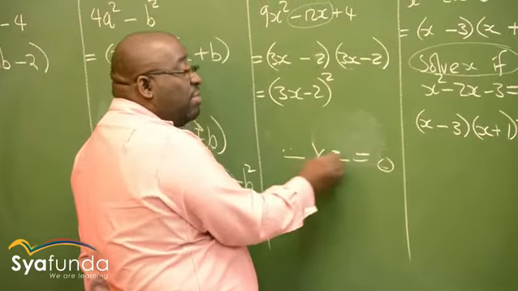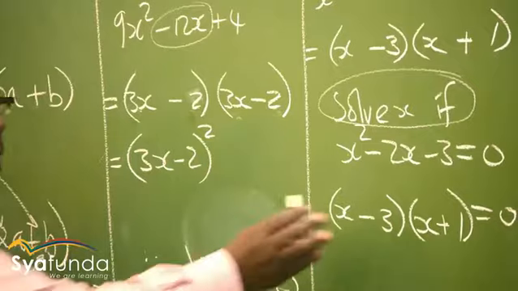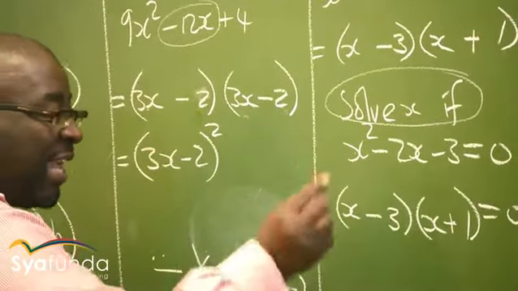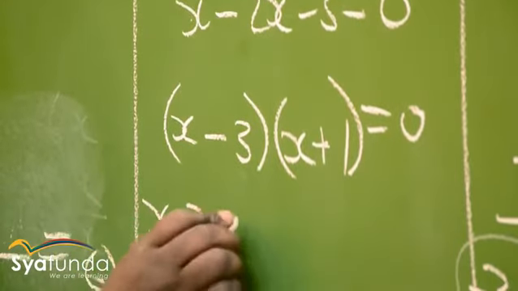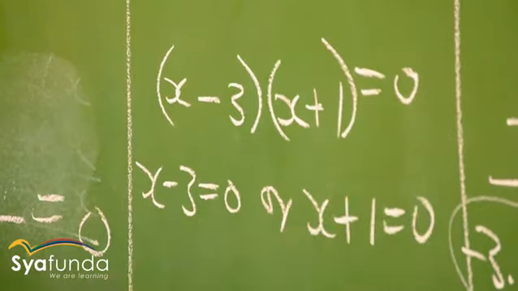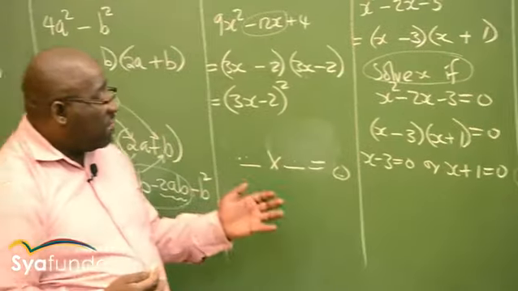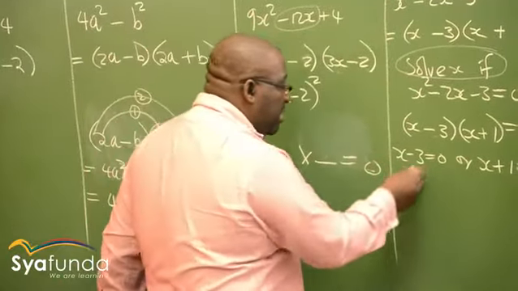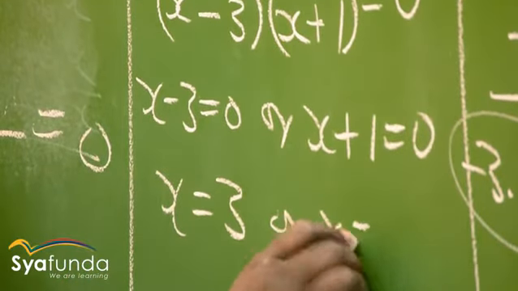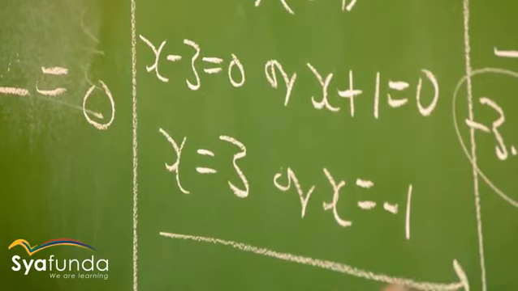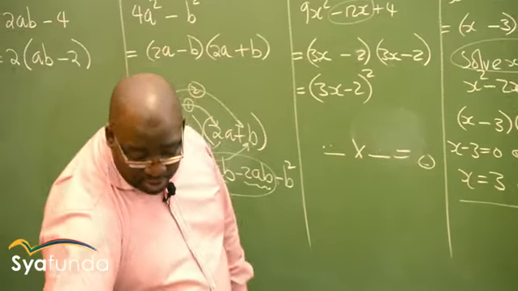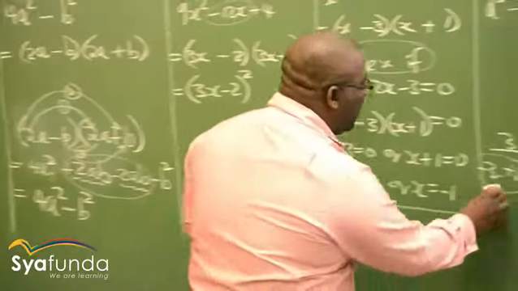Either of the two can be 0. It can be x minus 3 that is 0, or x plus 1 that is 0. How do you solve this further? You take this 3 to that side, so x will be equal to 3, or x will be equal to minus 1. This is how factorization helps us in doing our problems during our tests and examinations.